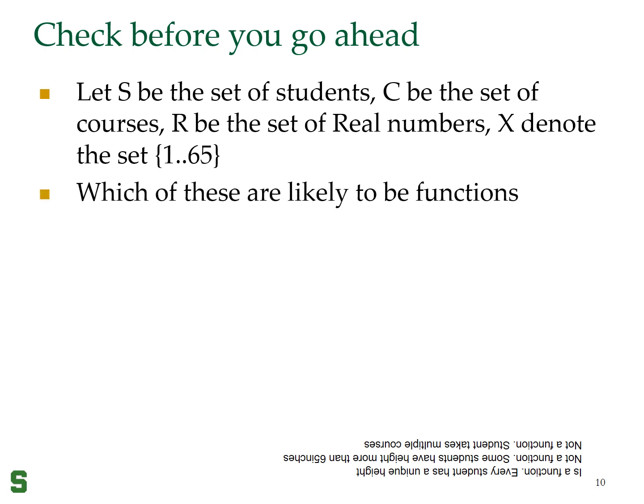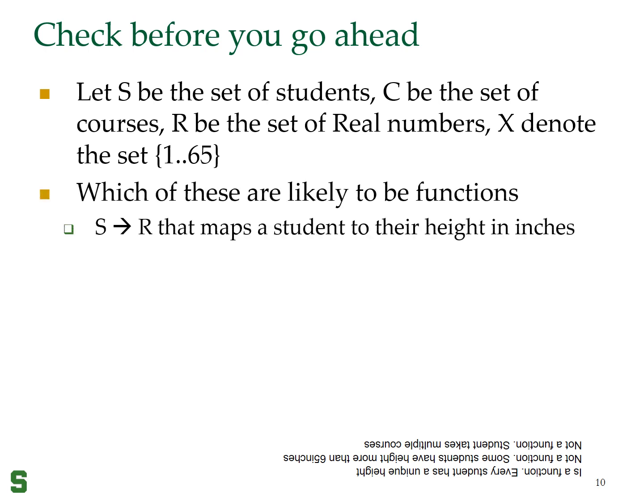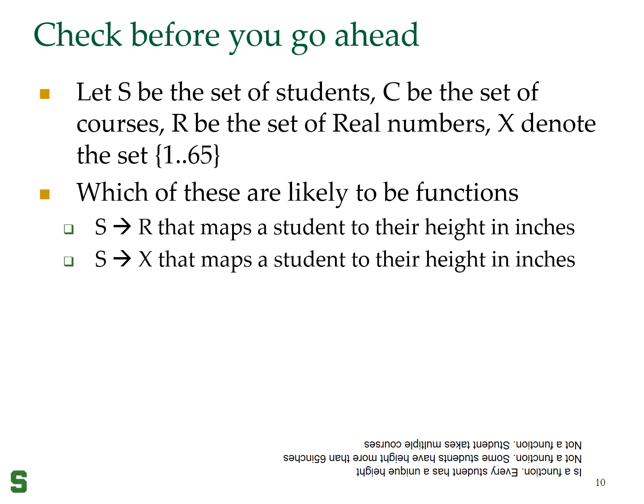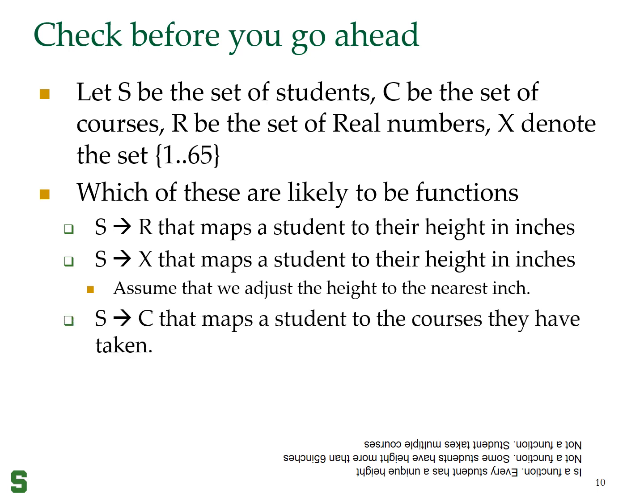Which of these are likely to be functions? From S to R, where we map the student to their height. S to X, again the same thing, we map the student to their height. Let's assume that the height is to the nearest inch. And from S to C, that maps students to the course they have taken.